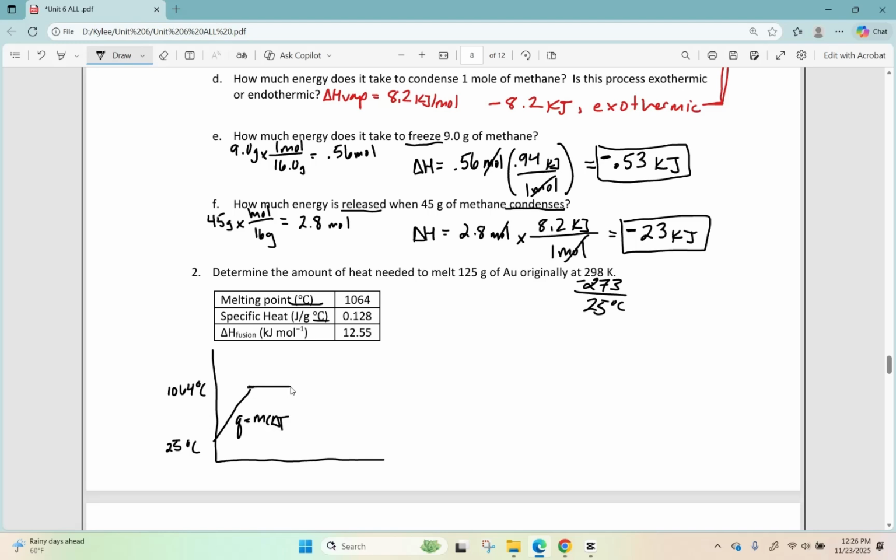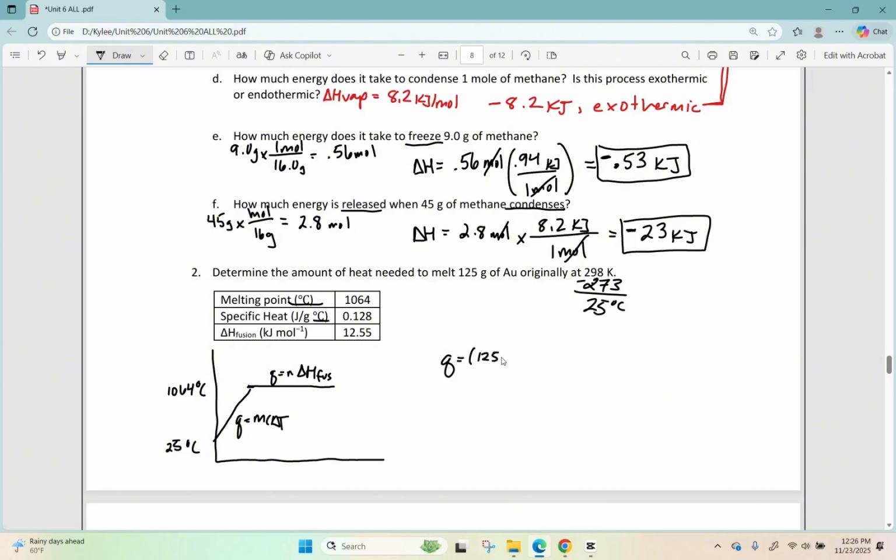Then I need to flatline to actually do the melting part. I'm assuming it wants it to melt completely. So when we do the melting part, that's going to be Q equals n times the delta H of fusion. Once I have each of these Q values, I can then add them together, and that would be my final answer. I'm going to do the Q equals mcΔT first.